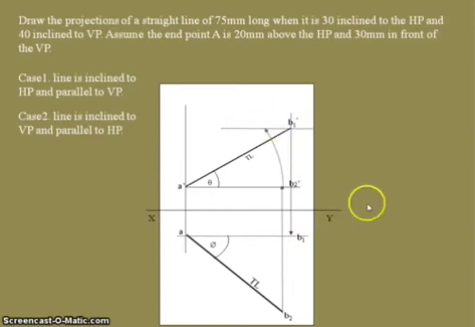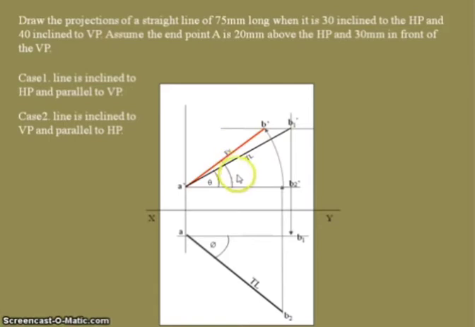This point will be B dash, that is the final front view end point B dash. By joining these two points we get the desired final front view. So after giving the inclination for both the planes, we get the final front view like this, that is A dash and B dash. Okay, so this is the final front view.